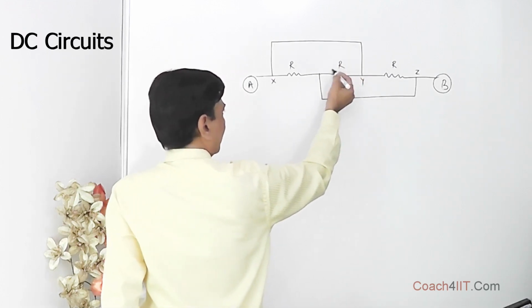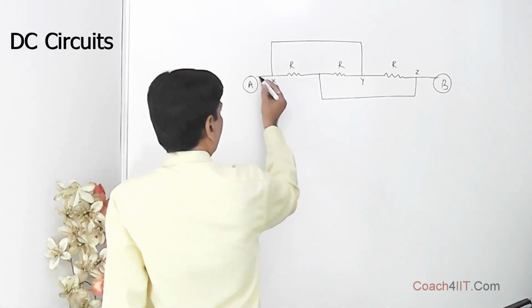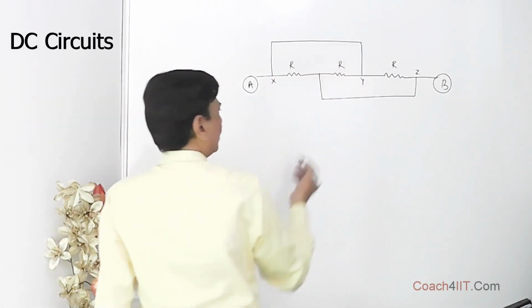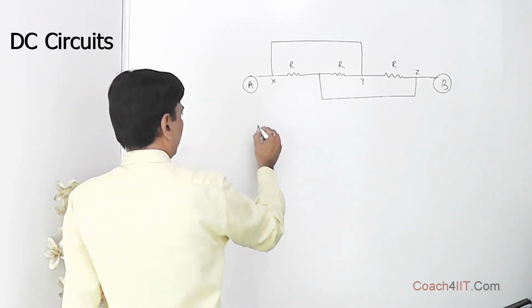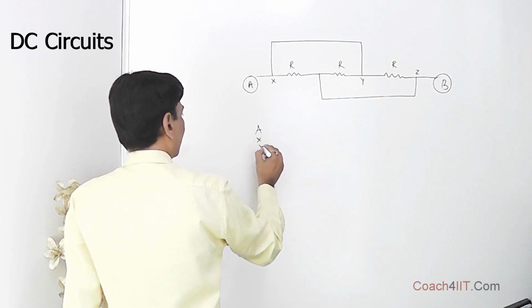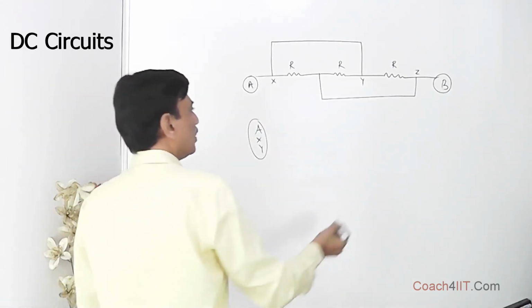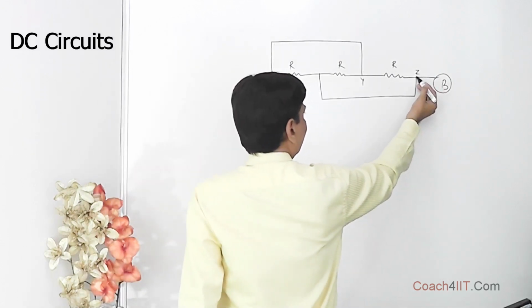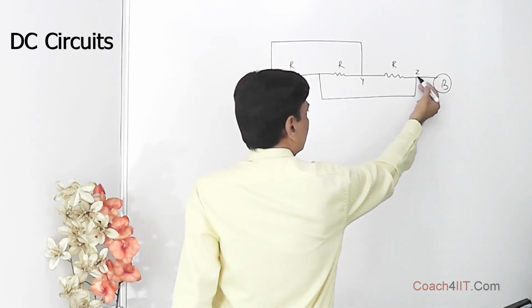We cannot jump a circuit element, that is, any resistance, etc. But all the points A, X and Y are at the same potential. So we combine A, X and Y, which are at the same potential. Similarly, B and Z are at the same potential because this is a conducting wire only, and on a conducting wire all the points are at the same potential.